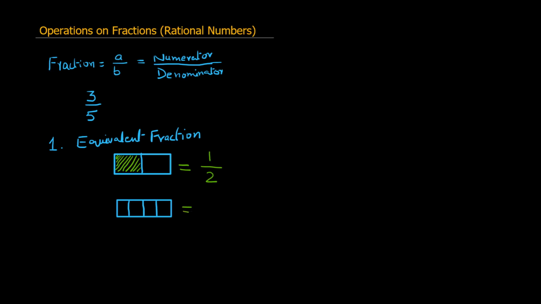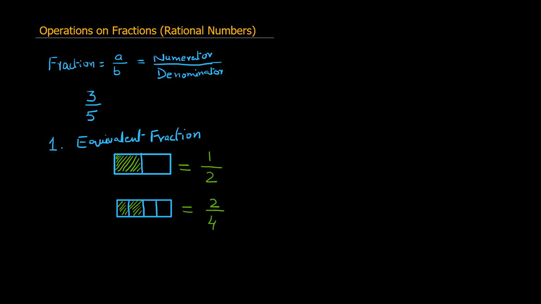Similarly, if you look at this rectangle and we highlight 2 of these parts out of 4, this is equal to 2 divided by 4, 2 parts out of 4 equal parts. But assume that both rectangles are of the same size.